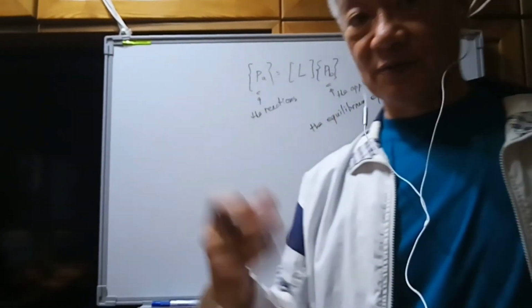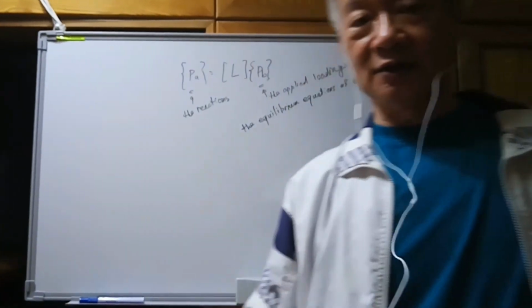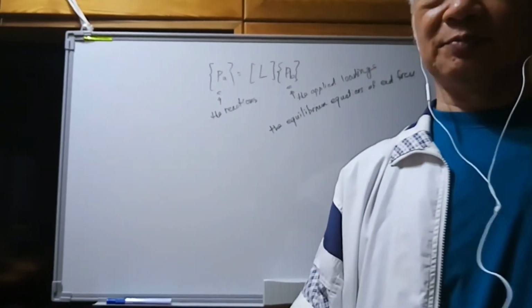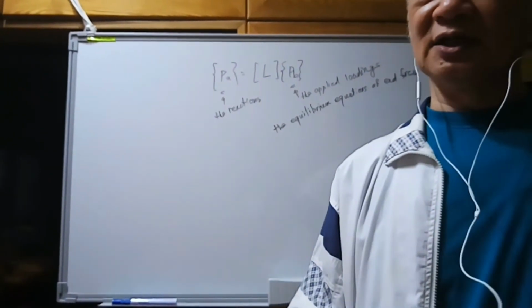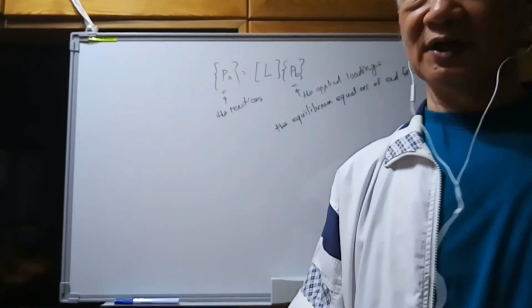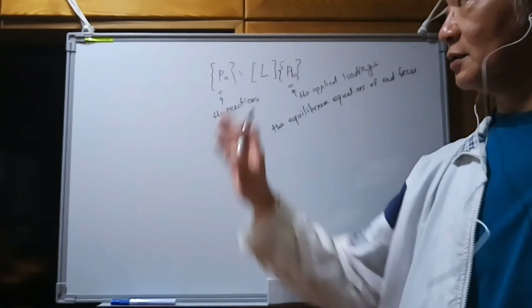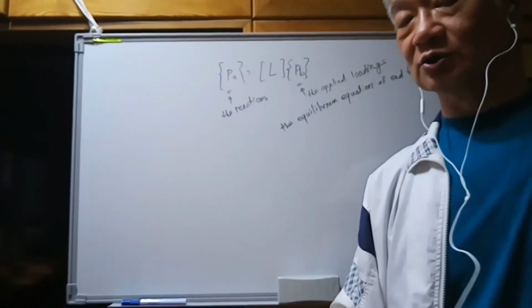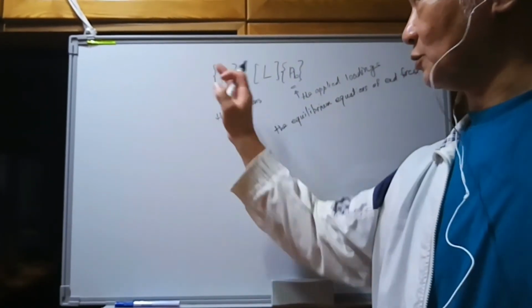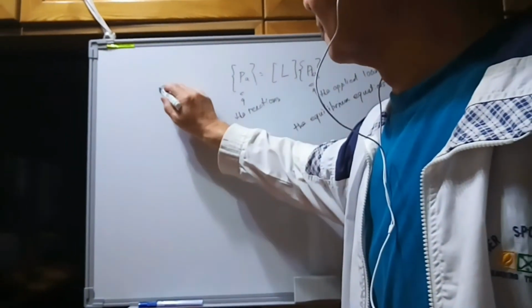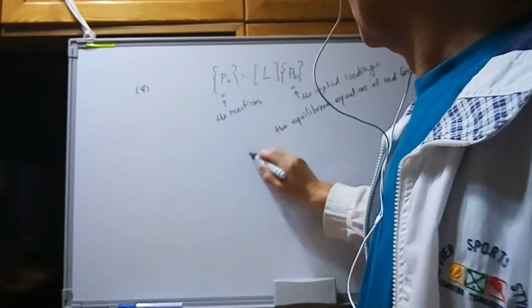So we can solve the equilibrium equations considering the four member end forces. Now we can solve the PB, and if we use the equilibrium equations, we can find the PA.